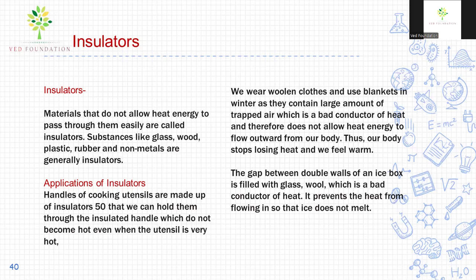Thus our body stops losing heat and we feel warm. The gap between double walls of an ice cream box is filled with glass wool, which is a bad conductor of heat. It prevents the heat from flowing in so that ice does not melt.